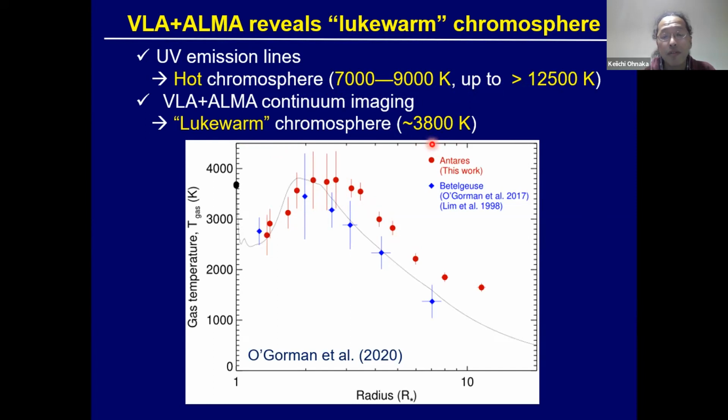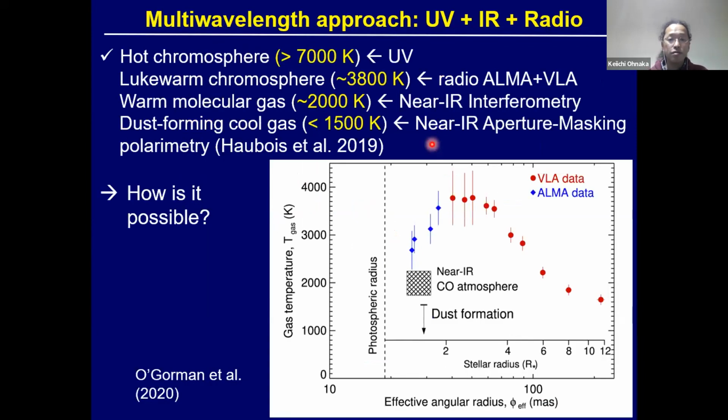So at least we have two kinds of chromosphere. But if we combine ultraviolet, infrared, and radio, the situation looks even more complex.